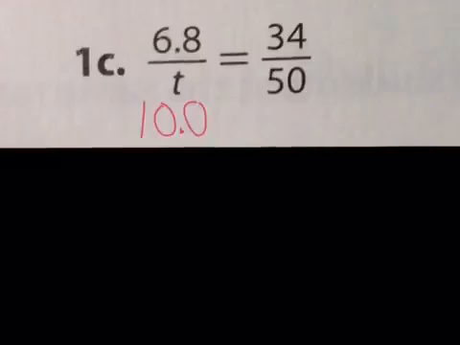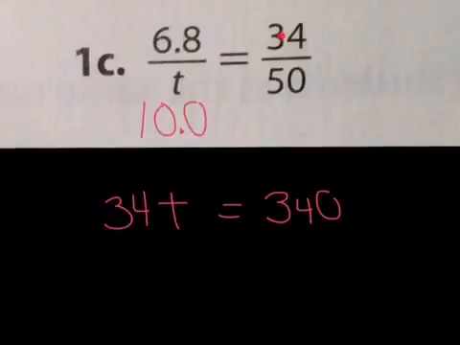So 6.8 over 10 is the same as 34 over 50. If you don't believe me, let's try it. Let's do the cross products. So I have 34t, and 6.8 times 50 is 340. I just go right ahead and isolate my t the way I want to, and I bring my 34 over to this side.